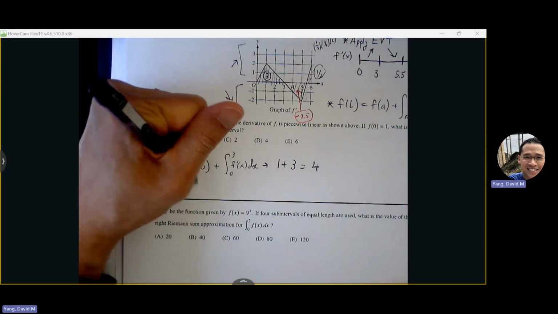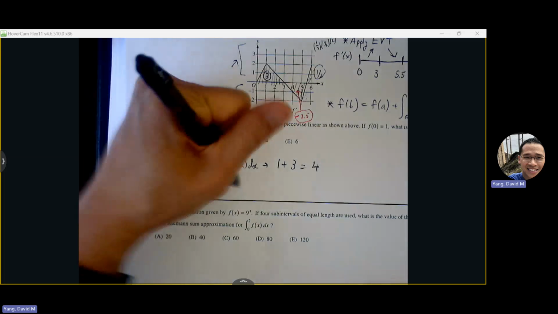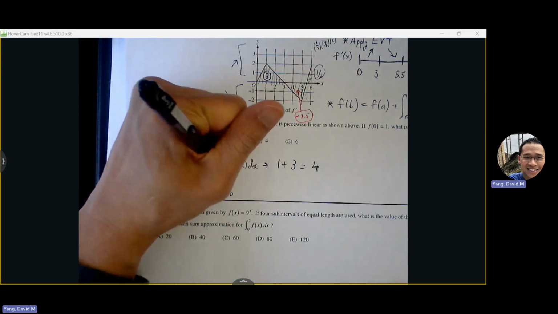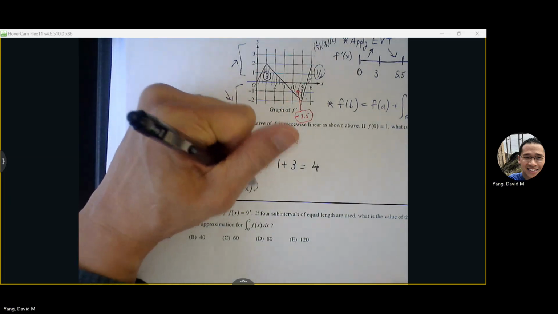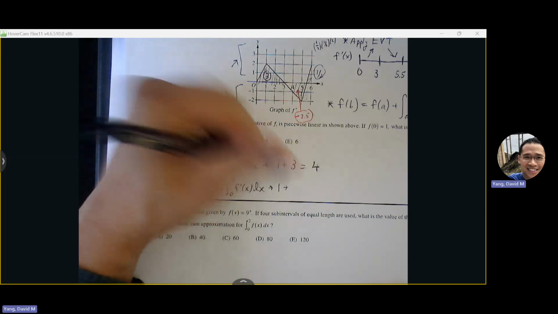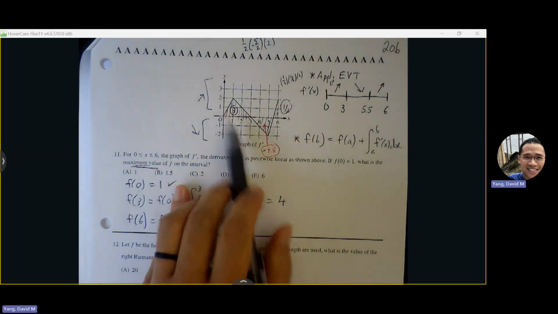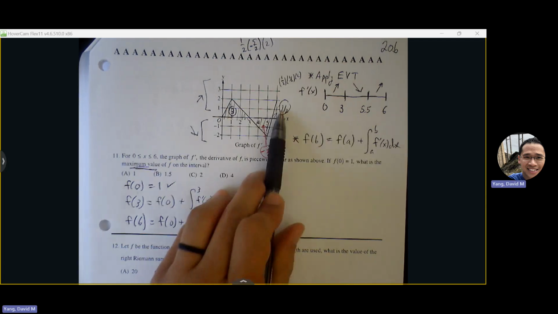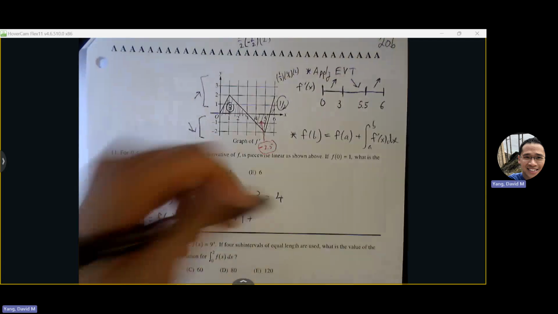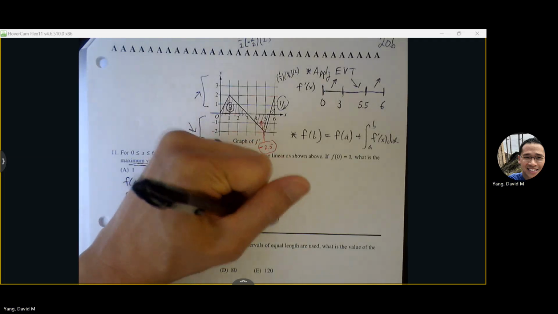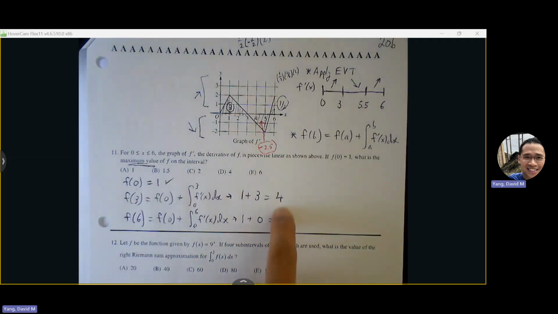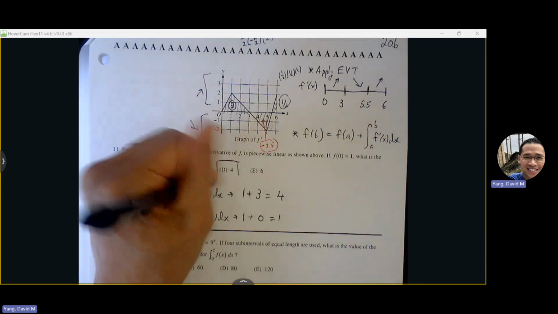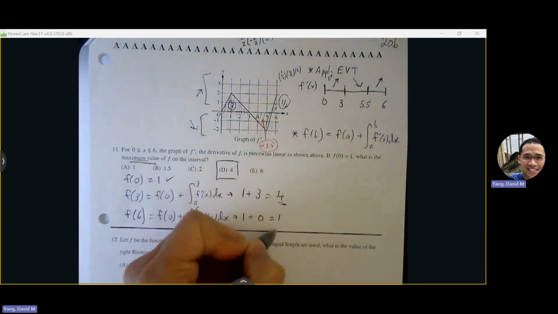So f of 6, we can say f of 0 plus however much gap we have between 0 and 6. Again, 1 plus, and then from 0 to 6, we have 3 minus 2.5, which is 0.5, plus 0.5 is going to give us 0. So we have 1 versus 4. Our absolute max value is 4 if we're comparing our candidates here.